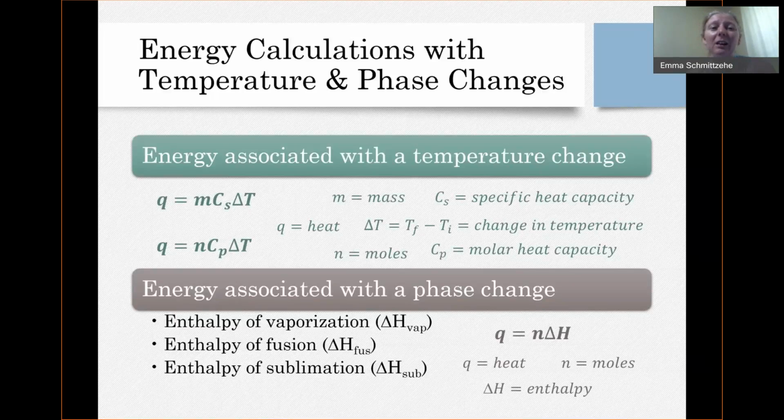Occasionally they're given in like kilojoules per gram. If that were the case, you would multiply by grams instead of moles. But the majority of the time they're given per mole. So that's why I write the equation this way.